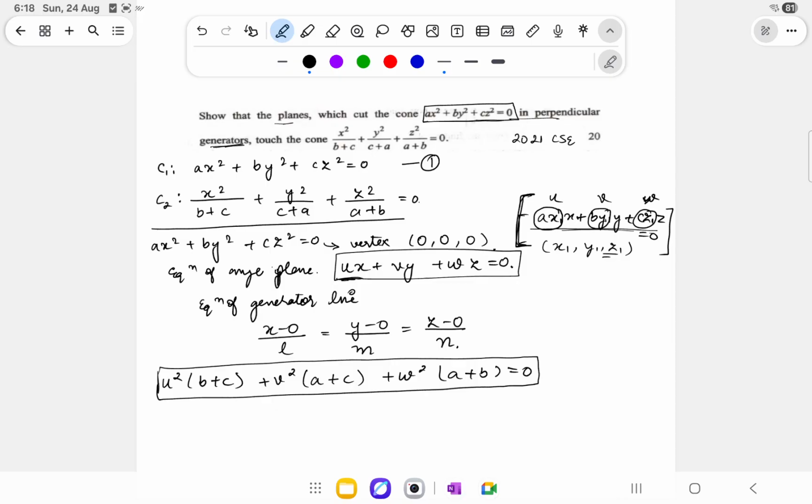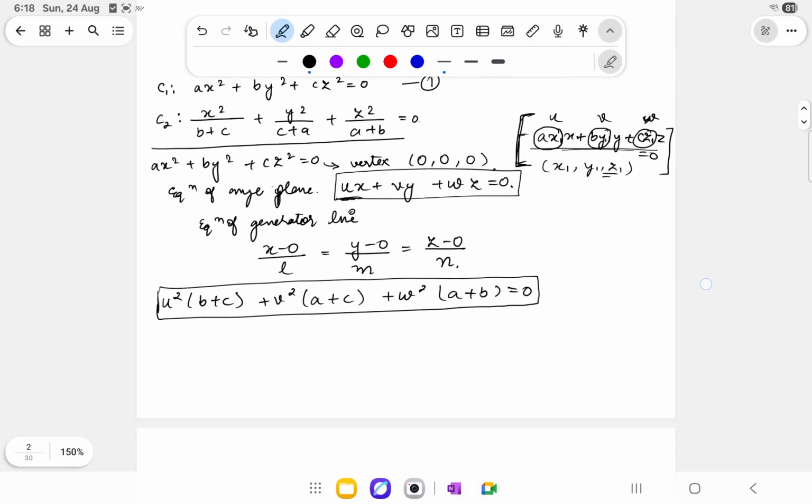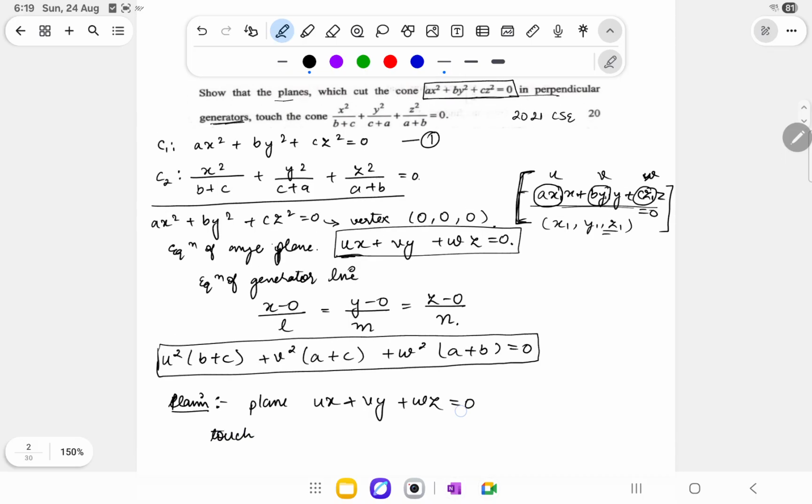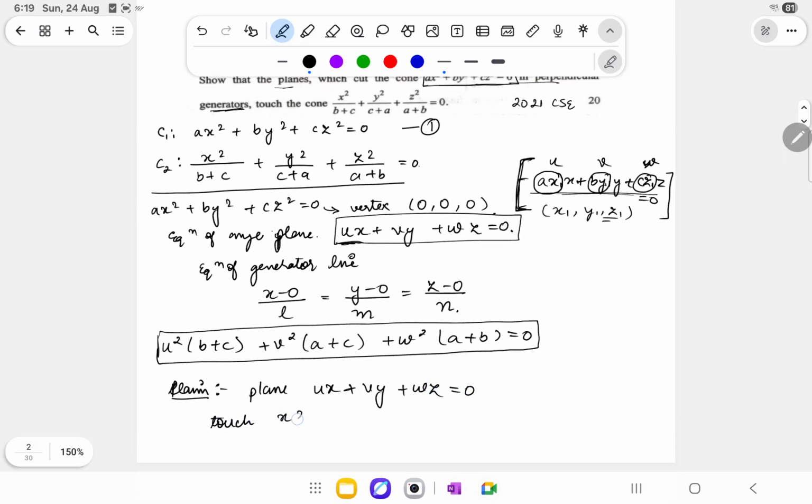And now we are supposed to show that our claim is that the plane ux plus vy plus wz equals to 0 touches the second cone, that is x square upon (b plus c) plus y square upon (c plus a) plus z square upon (a plus b) equals to 0.